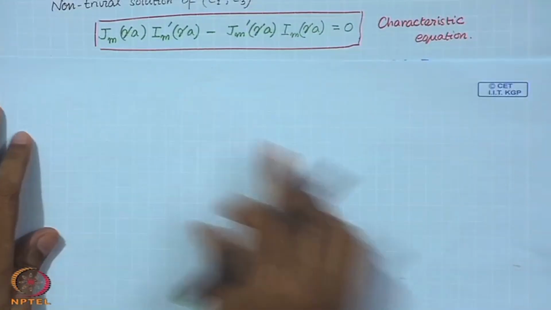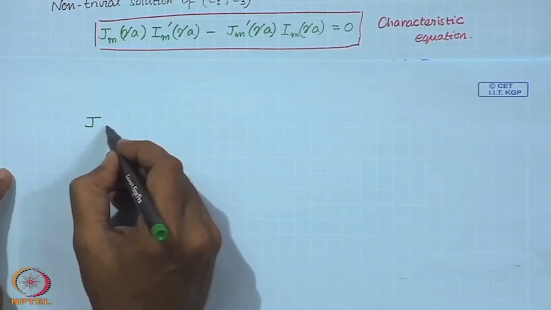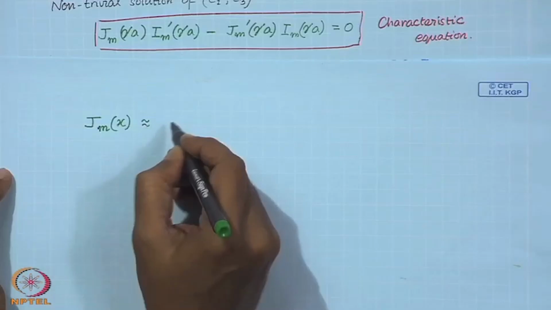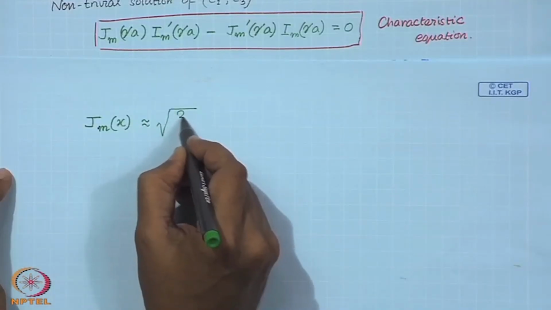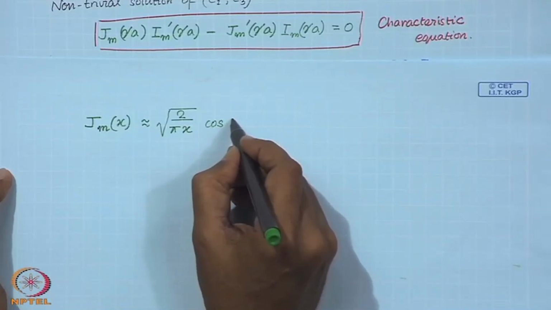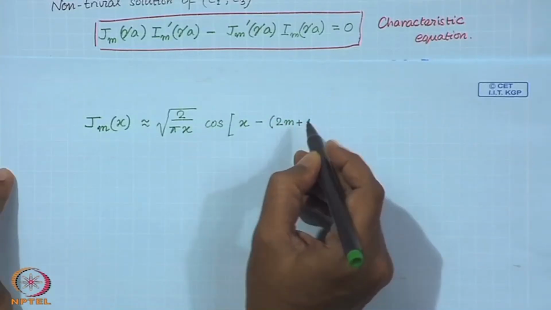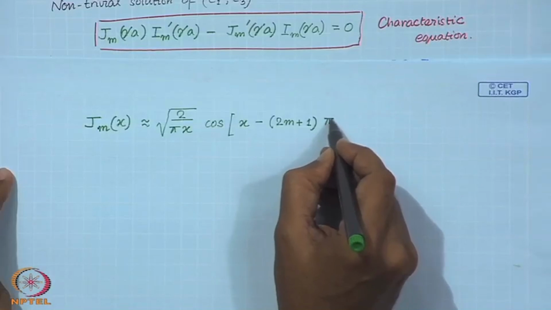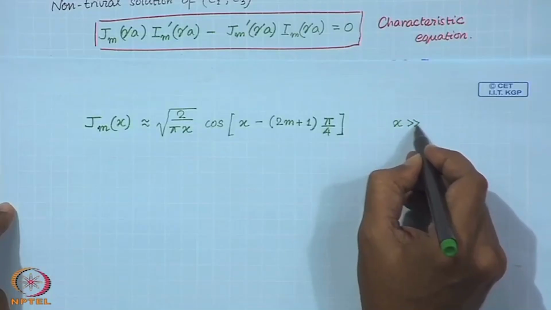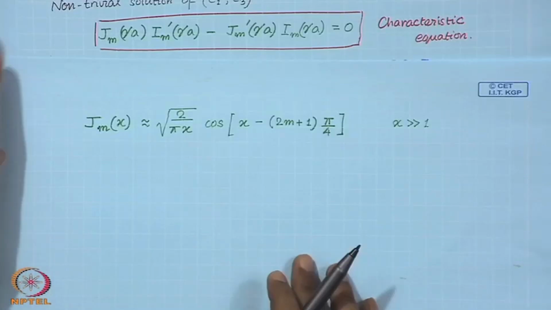So, for large value of the argument of the Bessel function of first kind, I can write, for x large, we have this approximation.